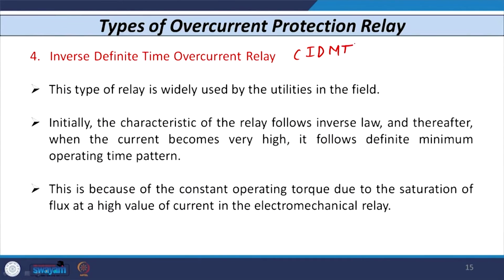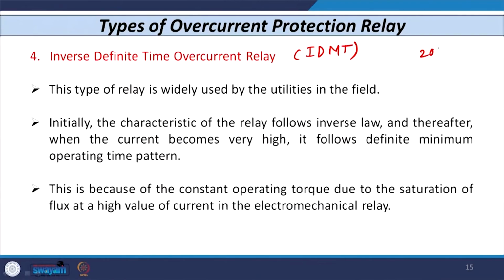The fourth type of relay is known as the inverse definite minimum time over current relay. This relay is known as the IDMT type relay. This is the most widely used relay because the operating principle of the inverse definite minimum time relay is achieved by two different relays. One is the inverse over current relay and the other is the definite minimum time delay relay.